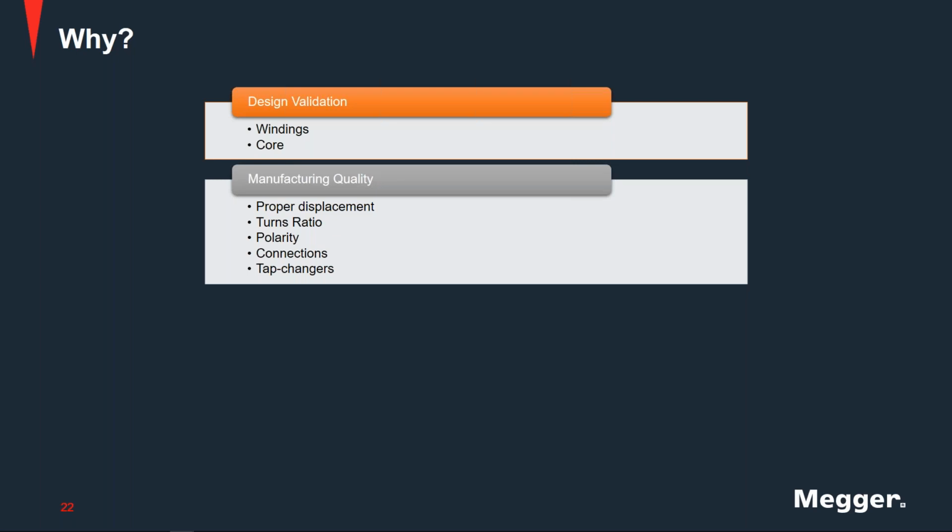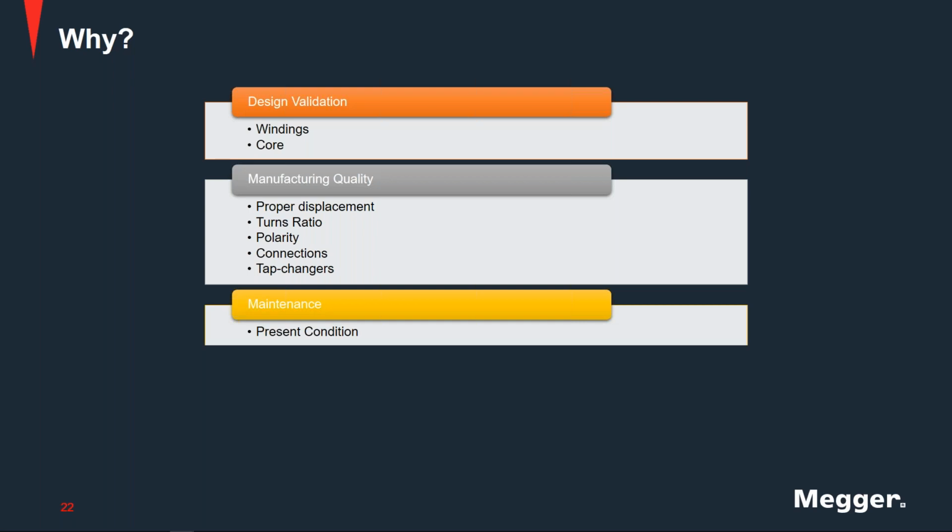Of course, we're looking at quality. When you're talking about single phase or three-phase transformers, you want to make sure that you have the correct phase displacement. In addition to the turns ratio, you got to make sure that the polarity is correct, that the winding wasn't put on in the opposite direction. Verify that all of your connections are made properly, and verify that your tap changer is going through all of its positions and providing for the flow of electricity.